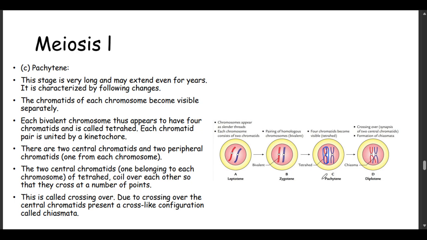That's what they're calling chromatids. Under the microscope it may appear as one single thing, but here you're going to find that they have that characteristic shape of a chromosome that has two different chromatids. So there are two central chromatids and two peripheral chromatids, one from each chromosome.